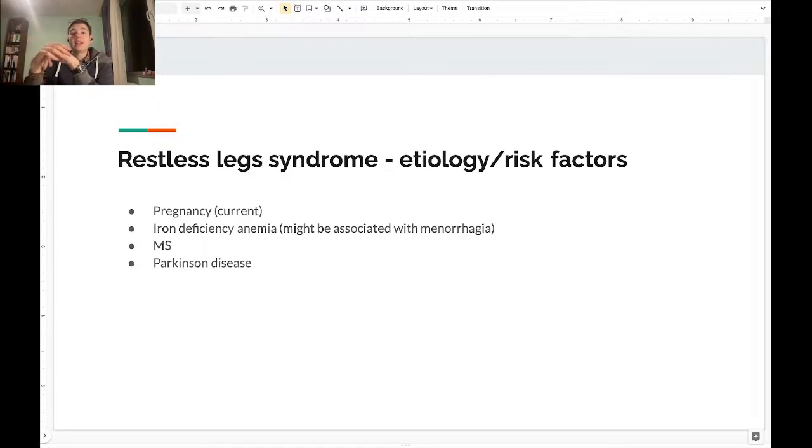Also, RLS is seen with iron deficiency anemia. In our case, the patient did not have any signs of iron deficiency anemia aside from RLS, meaning she should have menorrhagia, she should have pallor, fatigue. Okay. This was a short one. Now, let me know if you have any questions.